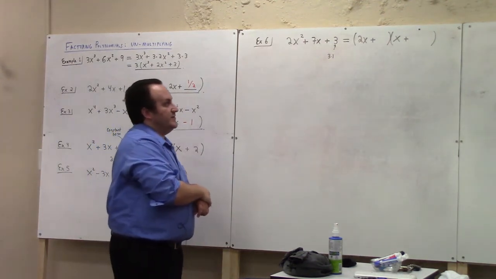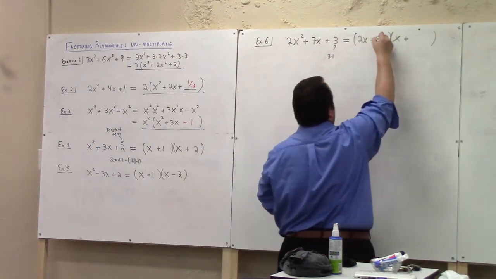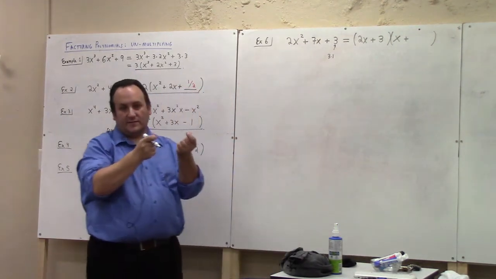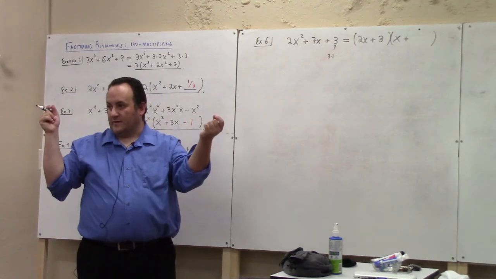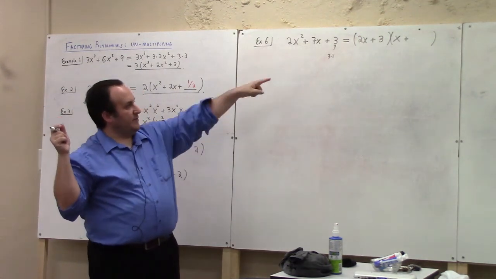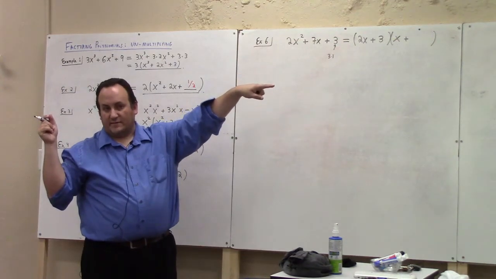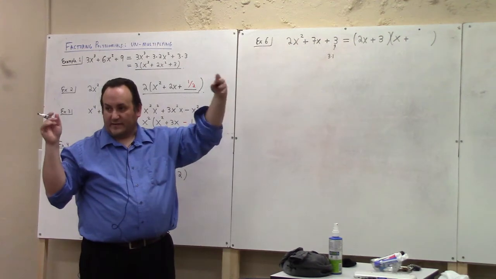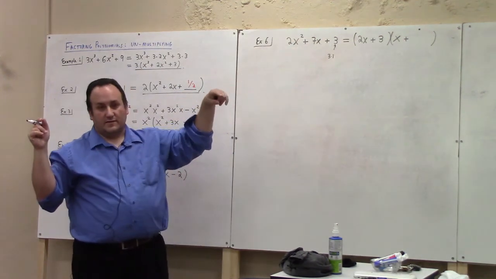Let me do what doesn't work. If I put the 3 here, that's not going to do it, because then we'll get the 3x, and then from the other one we get what? If I put 3 there, it forces me to put the 1 on the other side. So then I would end up with 3x plus 2x. I get a 5x for my linear term, but we got 7, right?